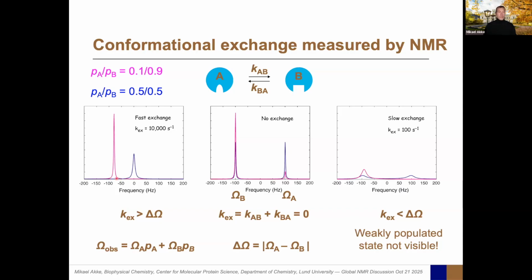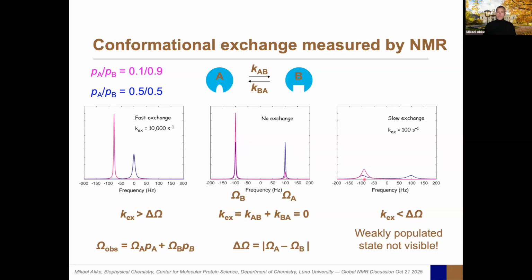So that would be basically at -90. And in the case where you have equal populations, you would have it at 0, which is the midpoint of -100 and 100. In simulating these fast-exchange spectra here, we've set the rate to 10,000 per second, so it's clearly much larger than the chemical shift difference between these conformations A and B.